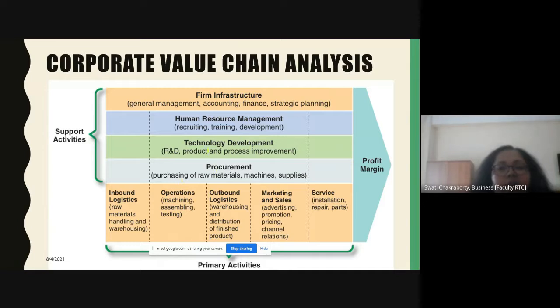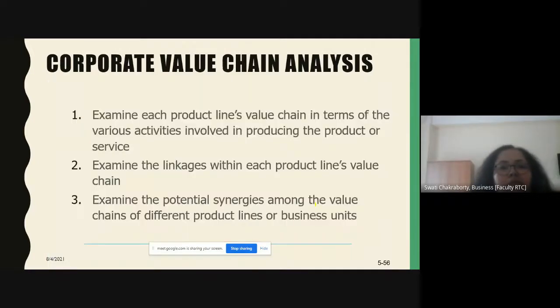Do you see this? These are the supportive activities that we have, and these are the primary activities. So for a corporate value chain analysis, the first thing you need to do is examine each product line's value chain in terms of the activities involved in producing the product or service.